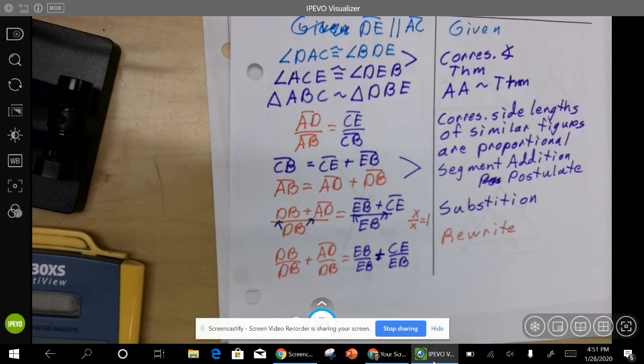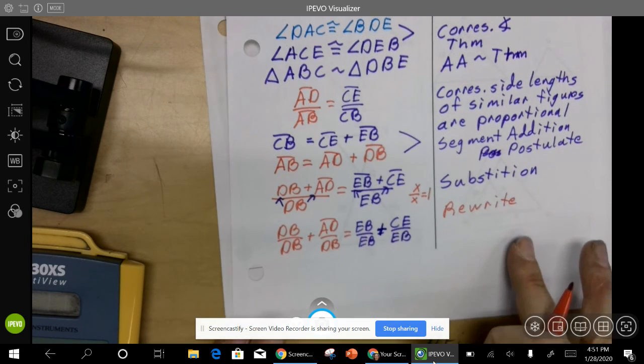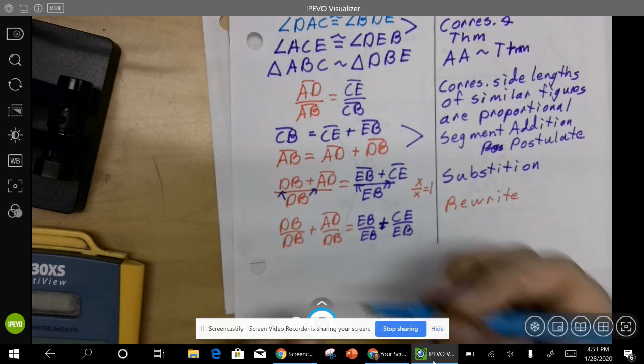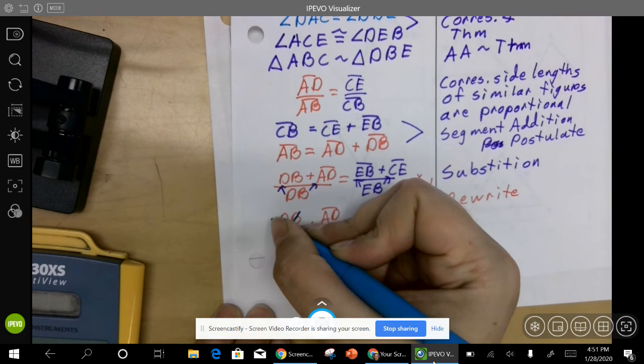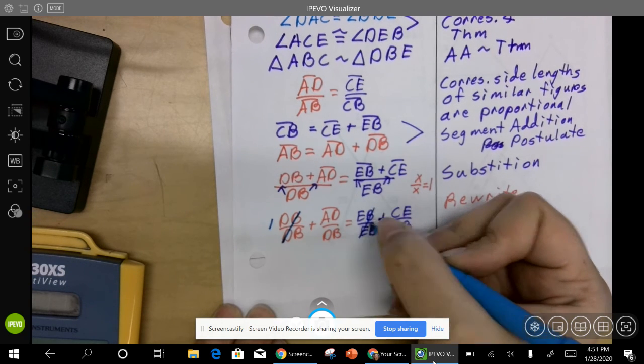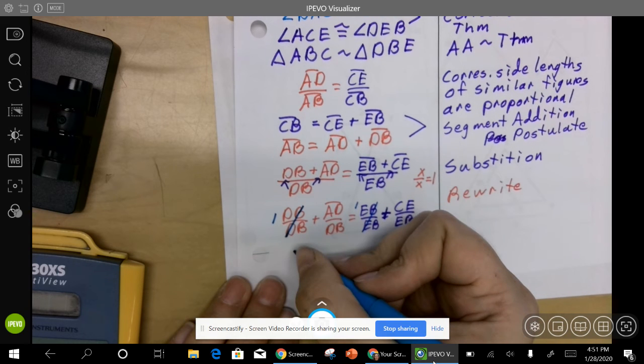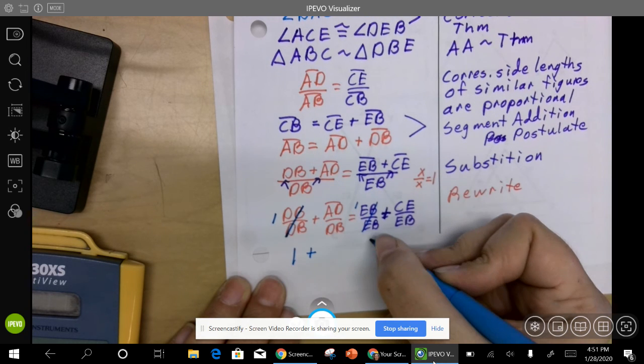Okay, so I'm just rewriting it. And then I can simplify it, right, because we just said that DB divided by DB is going to be 1. EB divided by EB is going to be 1. So those are going to become 1.